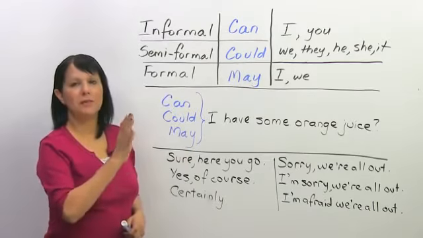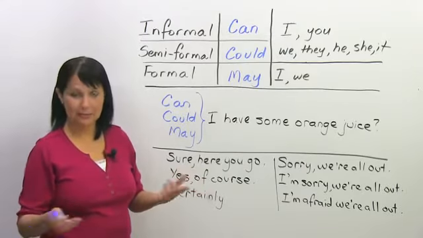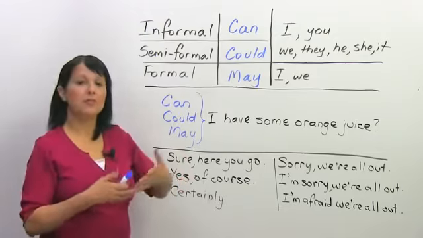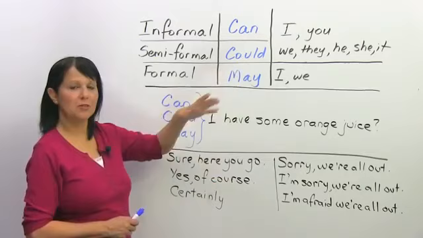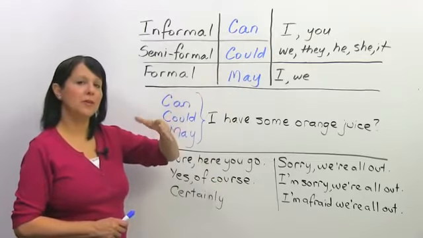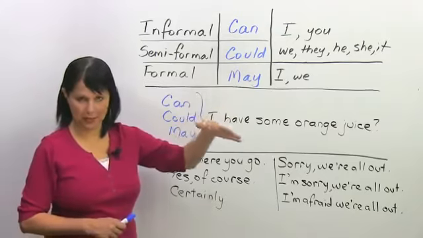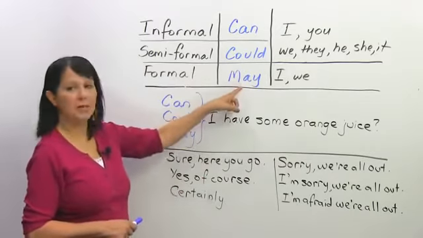Semi-formal means a little bit formal. For example, with your colleagues, people you work with, with your hairdresser, perhaps, with a salesperson in a store. There we could use could. So we kind of know that person, or we don't know that person too well, but it's not a very formal situation.